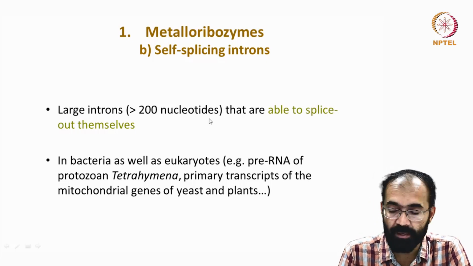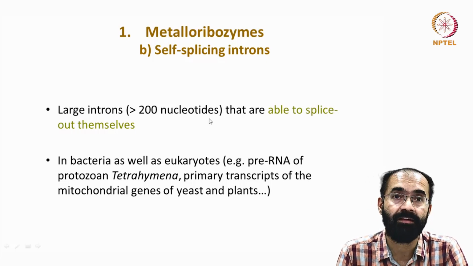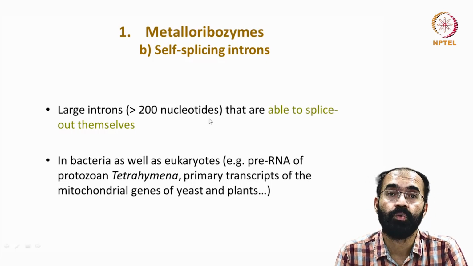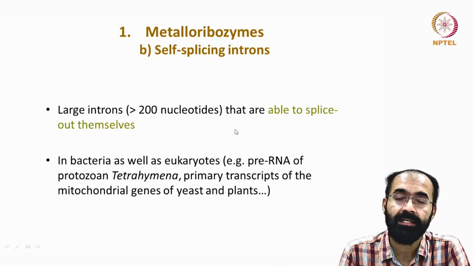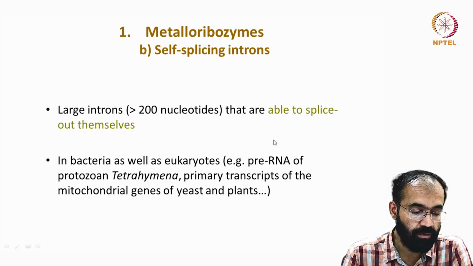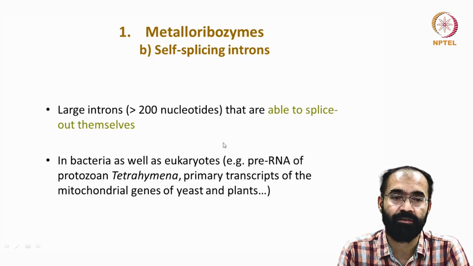For a self-splicing intron, you need them to be roughly 200 or more nucleotides in length, and then they will be able to self-splice, or splice themselves out, without any intervention.